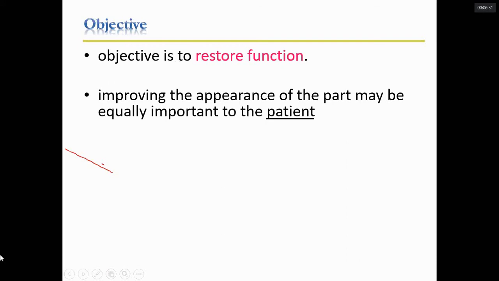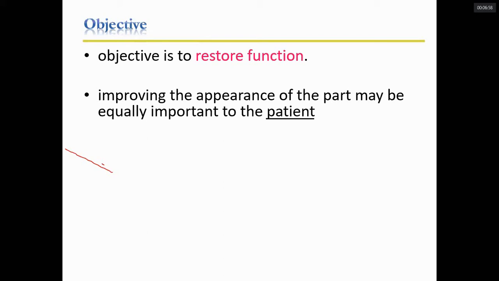Okay, what now? The aim of the treatment is to restore function, but the aim from the perspective of the patient may be to improve the appearance of the part. For example, if there is a malunited fracture with bone stalk deformity of the humerus, the parents may come because of the unappealing appearance of the elbow.